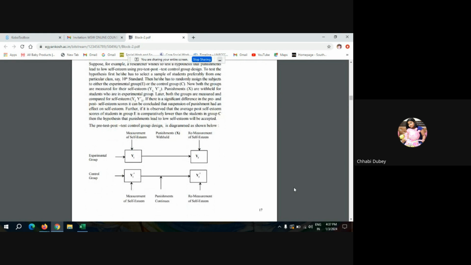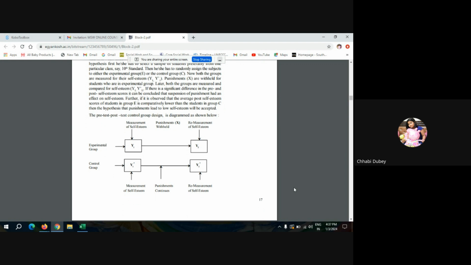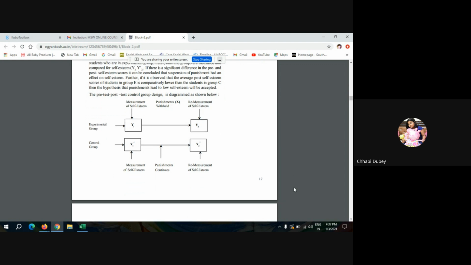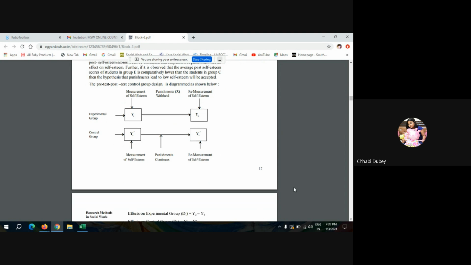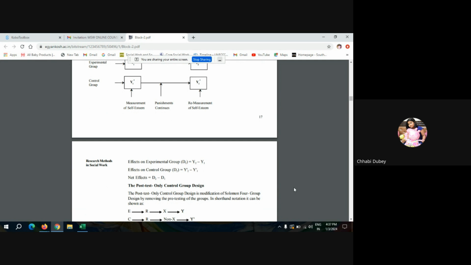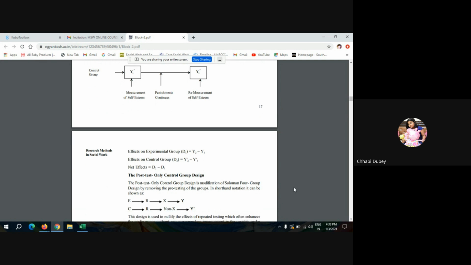So this can be done again. They have given an example of how you can use this for different research problems.